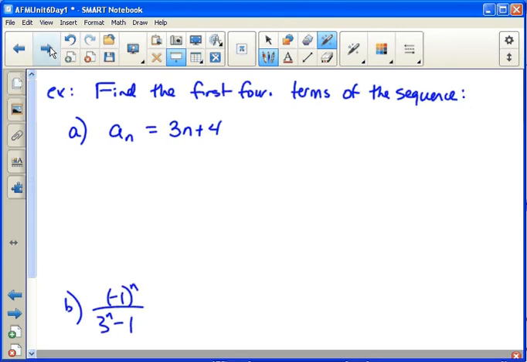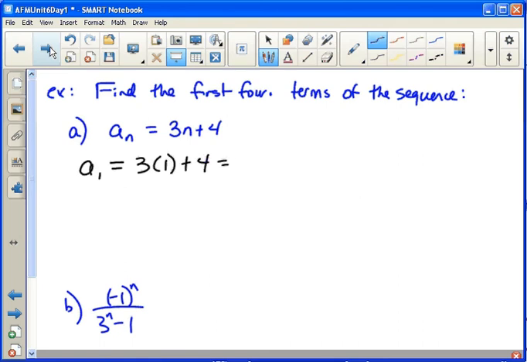The first example of something they might ask you to do is find the first 4 terms of a sequence. They're saying, we want to know what this looks like as we get started, so let's plug in the first 4 terms. It's very simple. You just plug in 1, then 2, then 3, then 4. If I want to find A1, I plug in 1 for n, and I get 7. For the second term, I plug in 2, and I get 10.